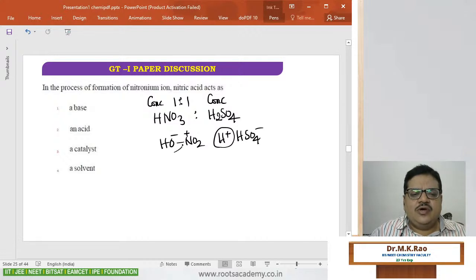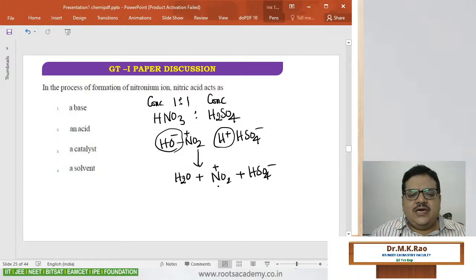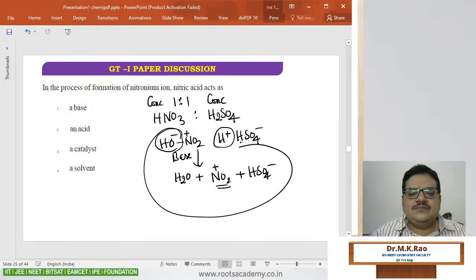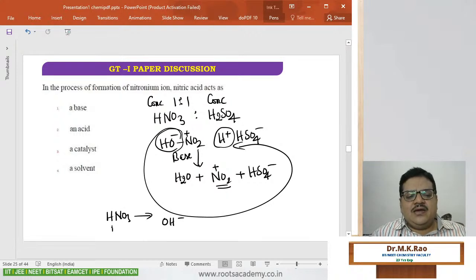Now H plus and OH minus combine to form water plus NO2 plus, the nitronium ion, and HSO4 minus. In this formation, HNO3 acts as a base because it is releasing OH minus, the OH minus ion donor.